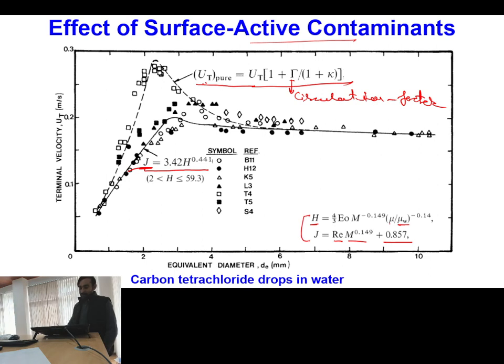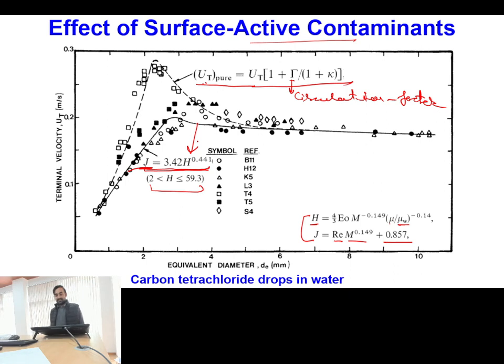These two parameters are fitted using the power law 3.42 times h to the power 0.441, particularly in the range of h from 2 to 59.3, and this gives the value of velocity for this case. Is this point clear?